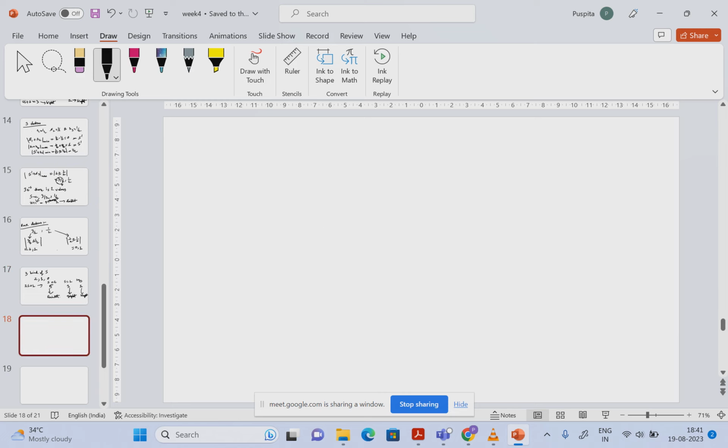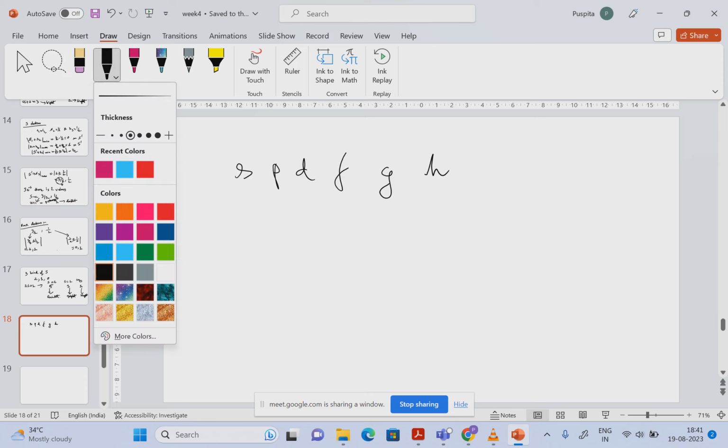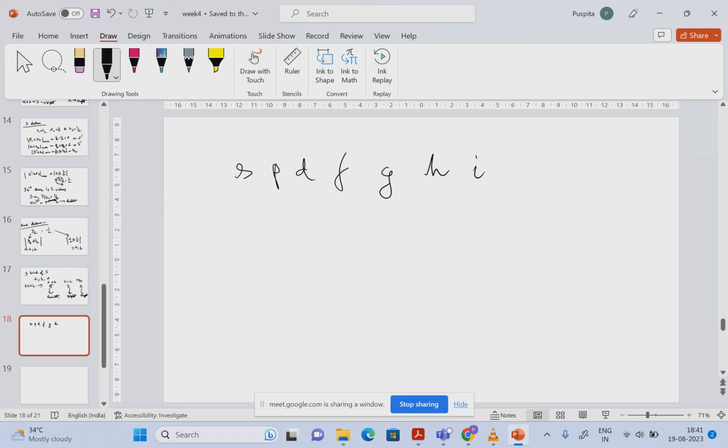For L, this is similar, but for L we do not consider half. Like for S, when we write the electronic configuration, we write S, P, D, F, G, H, I. So small l is equal to 0, 1, 2, 3, 4, 5, 6.